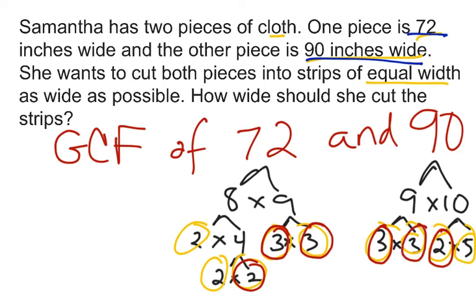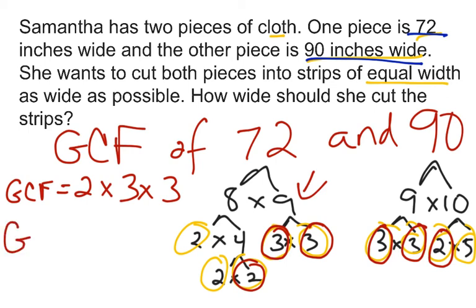And then my last number, 5, I don't have in common with 72. So I have all my common factors. So in order to find the greatest common factor, I multiply those together. So GCF is 2 times, and remember, we're only focusing on one side, 3 times 3.